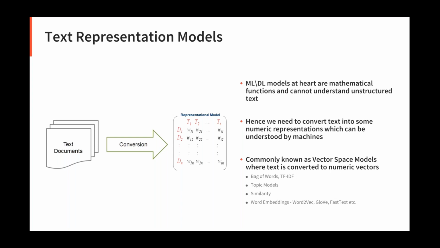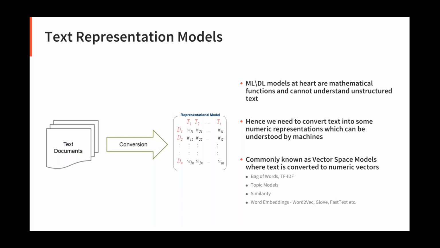So like I mentioned, basically ML or DL models at heart are math-based models, and they can't understand unstructured text data. So there are different schemes or models which we can use, which fall under the umbrella of vector space models, because we are transforming the unstructured text into potential vectors, and all the vectors together make up your vector space.